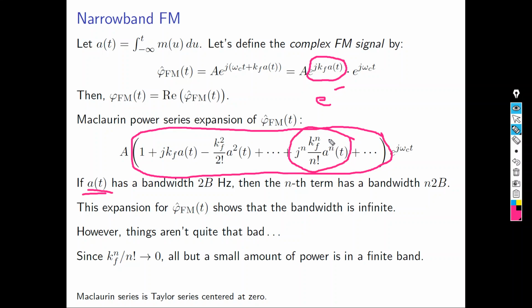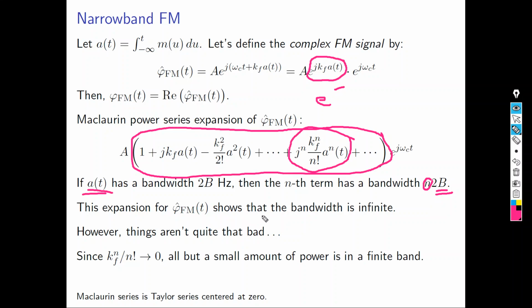If I ask you to find the bandwidth of this nth term, where you take the message signal to the power n and multiply it by kf to the power n over n factorial, j to the power n, you basically multiply by n. Take the bandwidth of the signal and multiply it by n.